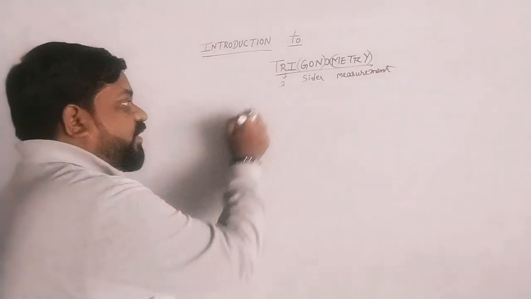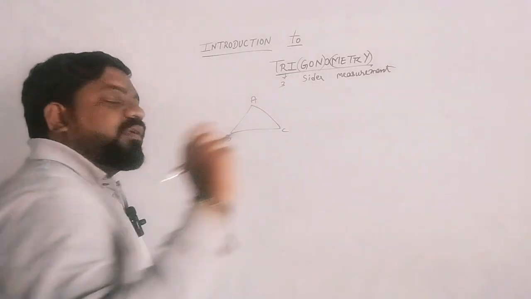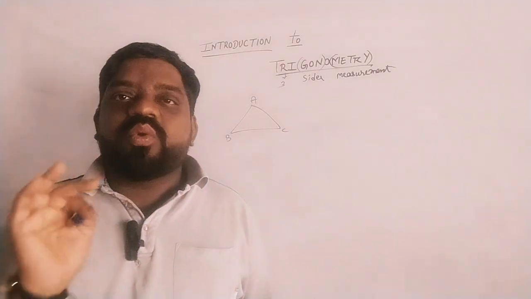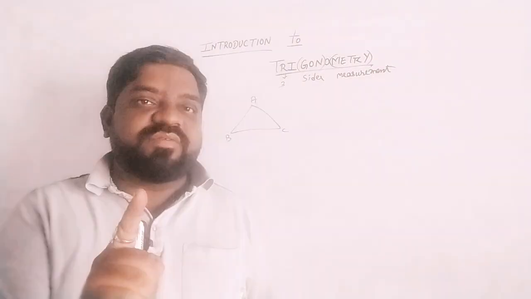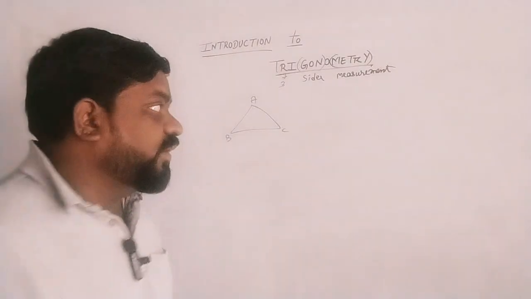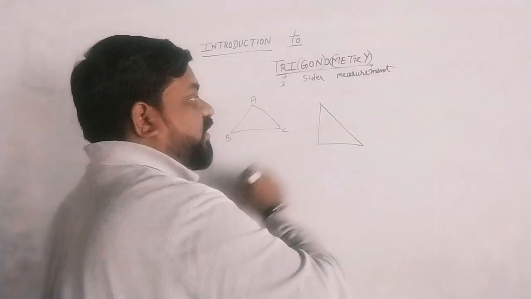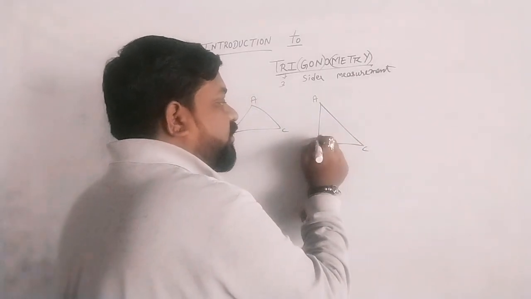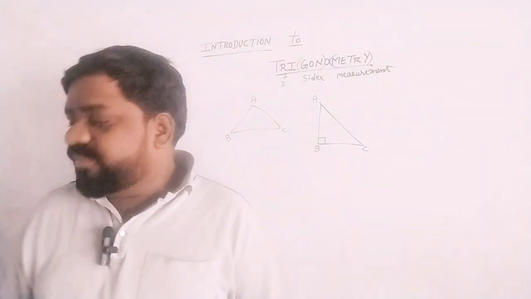A three-sided figure is a triangle. In the entire trigonometry, we deal only with a triangle, and that too only with a right angle triangle. The entire chapter, the concept of trigonometry, depends on the right angle triangle.